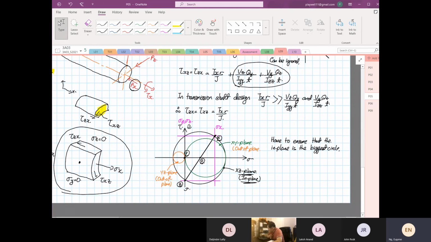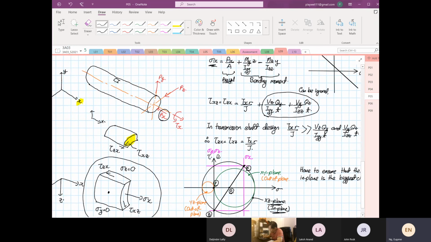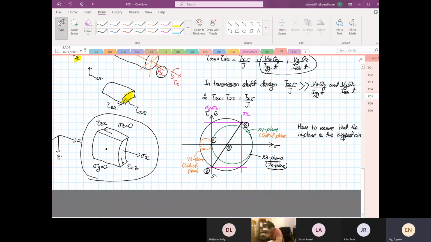Then we designed the shaft. We looked into an element, and to briefly recap, we started drawing the stresses on the element, and this is our outcome. Then we did the 3D Mohr's circle to ensure that the XY plane is the biggest circle. Later on, when we do 3D Mohr's circle, I'll go into more detail.